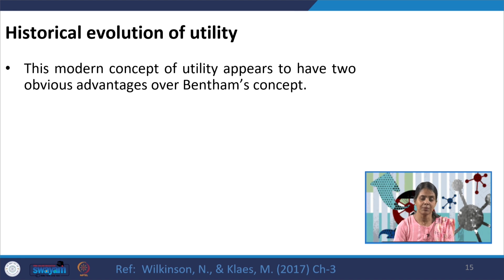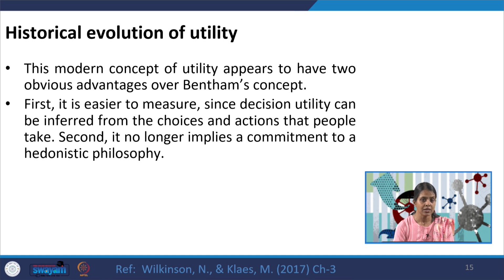This modern concept of utility appears to have 2 obvious advantages over Bentham's concept. First, it is easier to measure since decision utility can be inferred from the choices and actions that people take. Second, it no longer implies a commitment to a hedonistic philosophy.